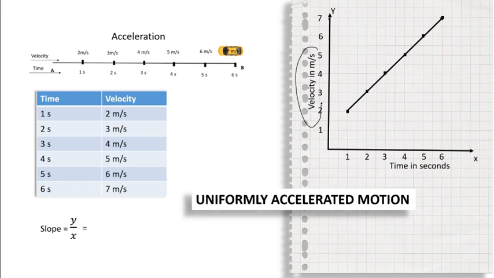Velocity. Right? So the y-axis is change in velocity, divided by the x-axis, what is changing here? Change in time. Right? And we already studied that change in velocity divided by time is nothing but acceleration. So acceleration is change in velocity per unit time, or rate of change of velocity.